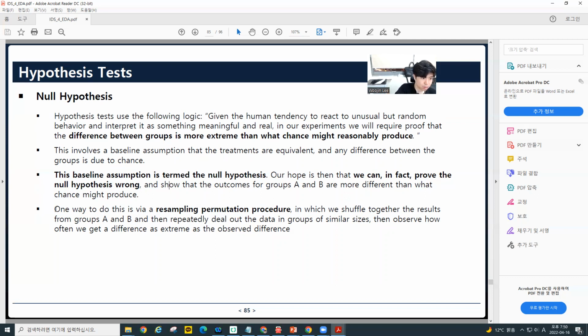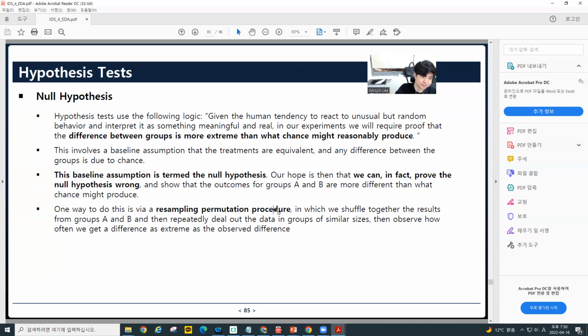One way to do this is to have a resampling permutation procedure. We shuffle all the results from group A and group B, and then we have a bootstrapping or sampling of the data in similar sizes.